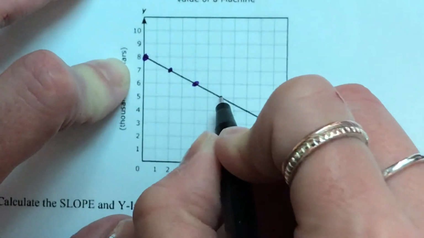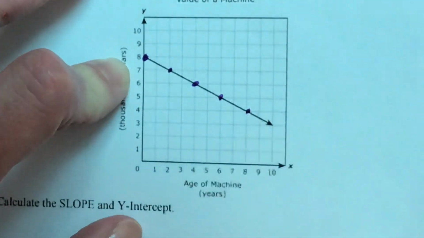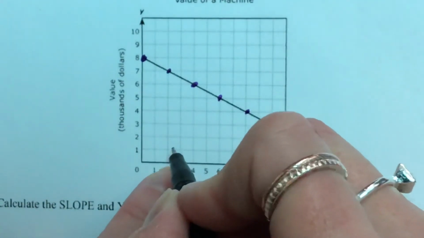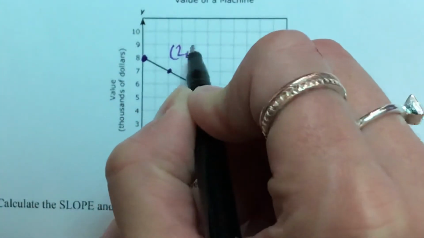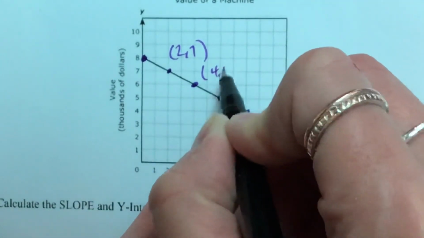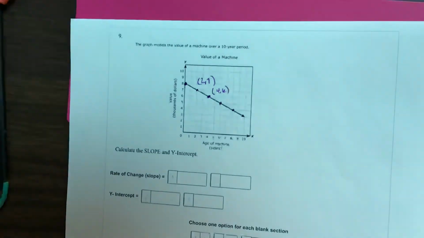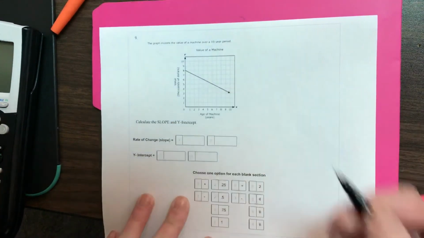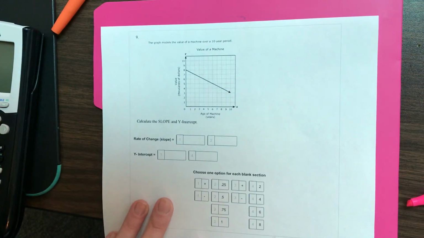And I think it's kind of every other one. So any of those that you wanted to use, I'm going to go ahead and write down a couple. This one is at 2 and 7. And this one is at 4 and 6.